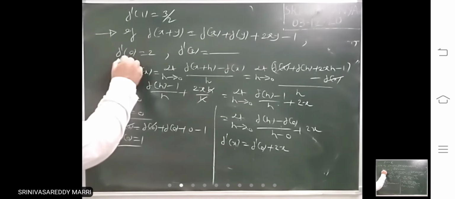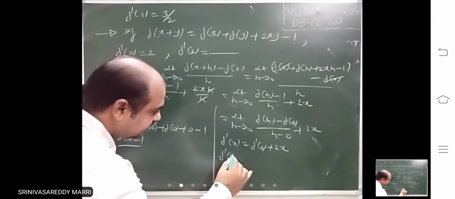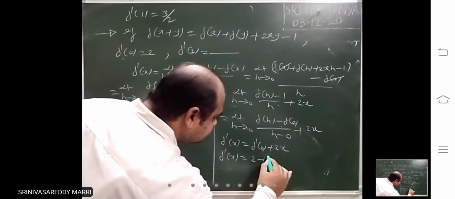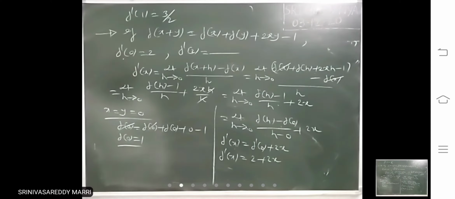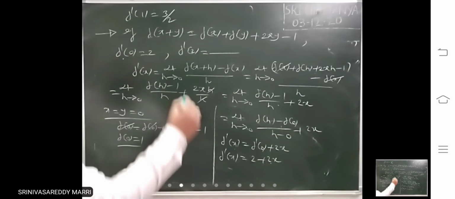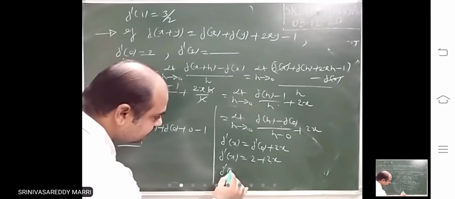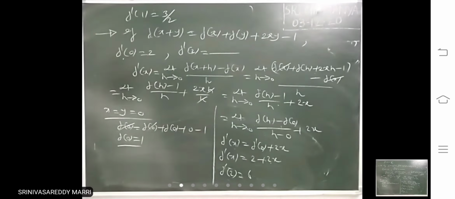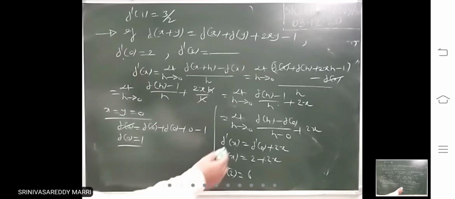Given f dash 0 is 2, we got the f dash x formula: 2 plus 2x. For this type of function, f dash x is 2 plus 2x. What is asked? f dash 2 is nothing but 2 plus 2 into 2, that means 6. Like that, if you don't know the formula, follow this procedure and then evaluate f dash x.